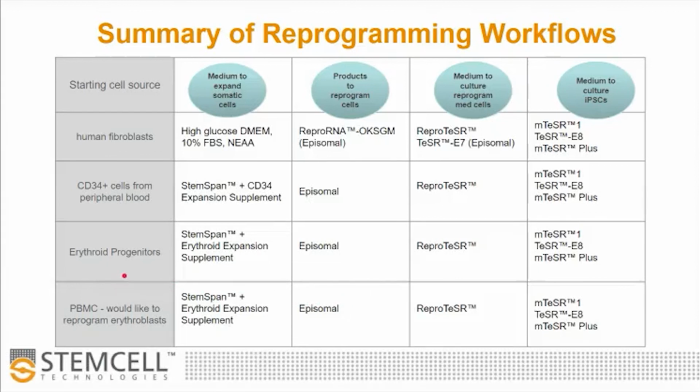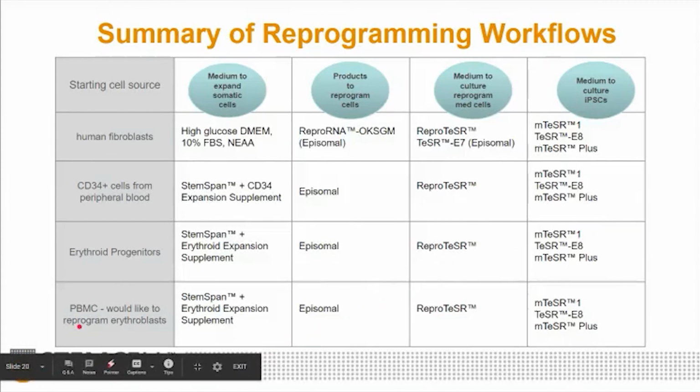For erythroid progenitors, we would recommend STEMSpan SFEM2 medium plus the erythroid expansion supplement, episomal vectors again, and ReproTeaser medium for reprogramming, and again the same maintenance medium to culture the newly reprogrammed cell line.